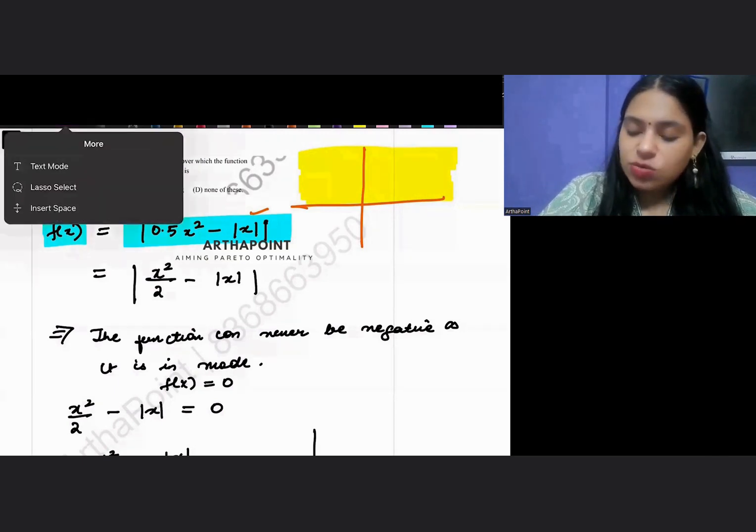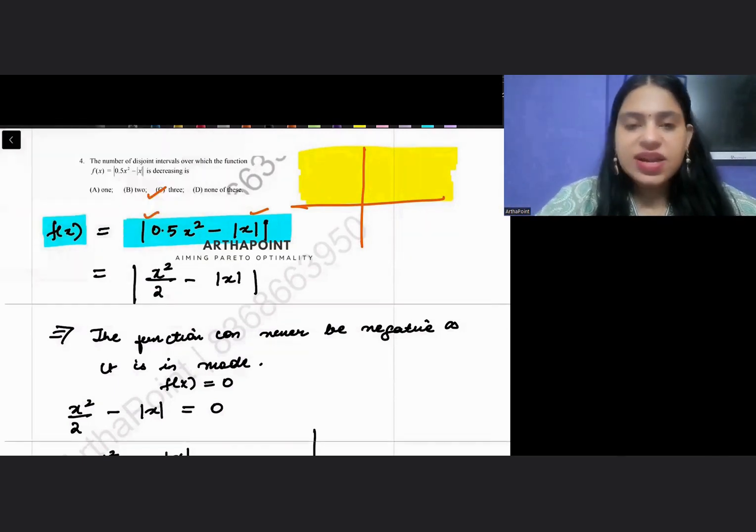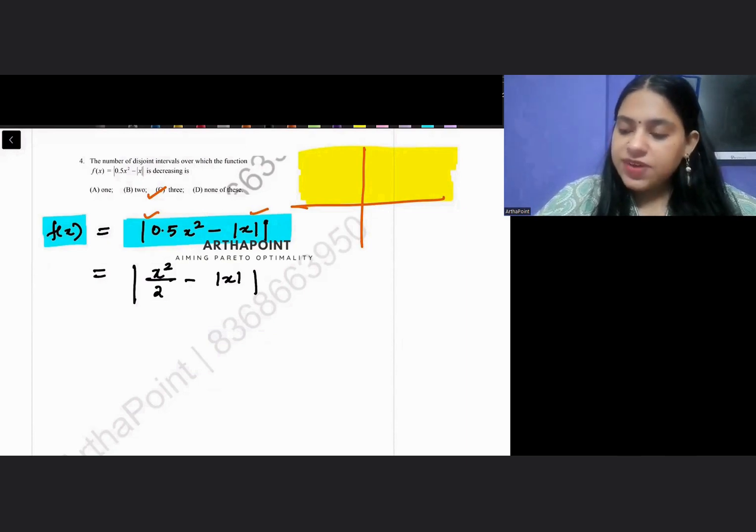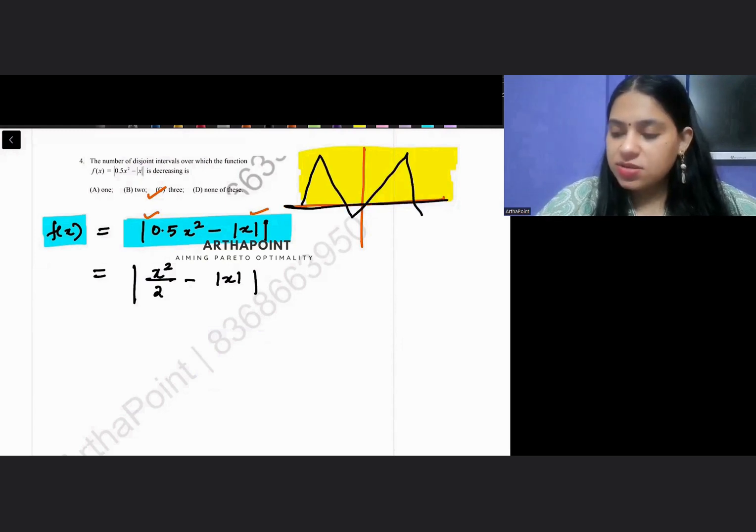That's the first thing that you have to understand. Now, the second thing that you must understand in this case is, if I want to plot this function, whether the function increases, decreases, increases, decreases, it cannot go below this axis.